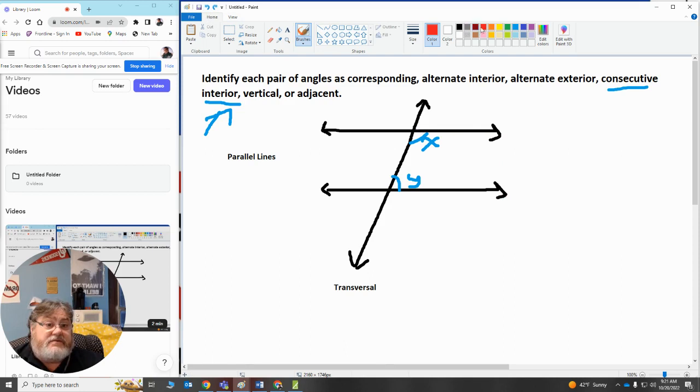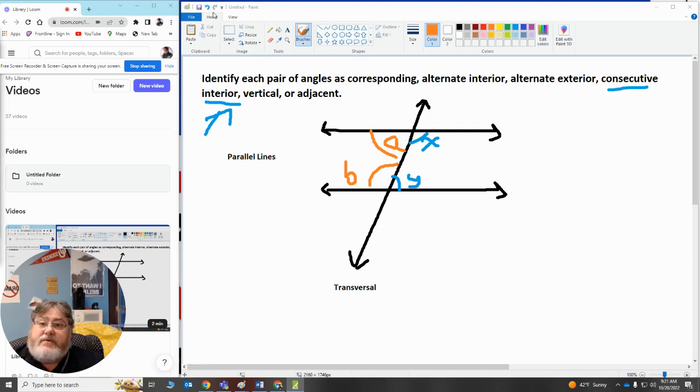Now, also, angle A, its consecutive interior would be angle B. And that's consecutive interior angles, okay?